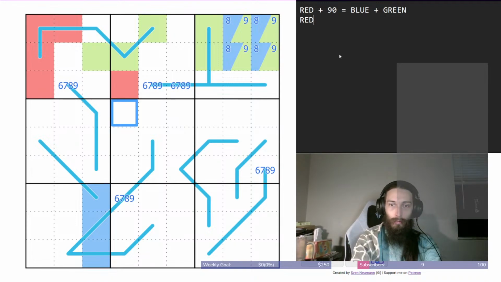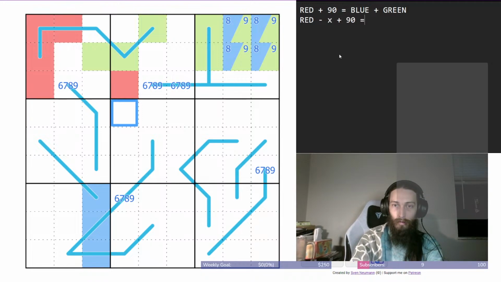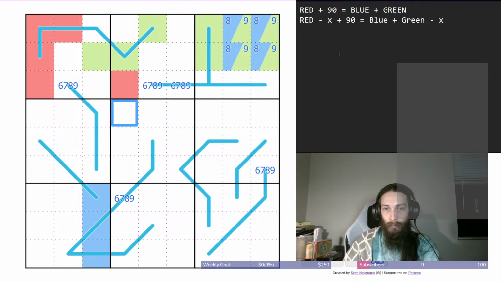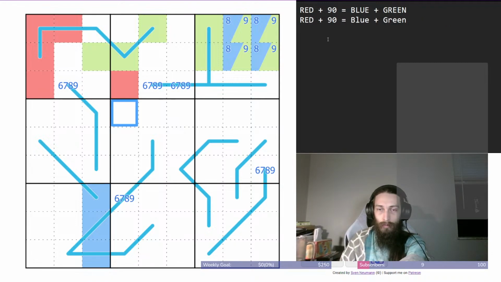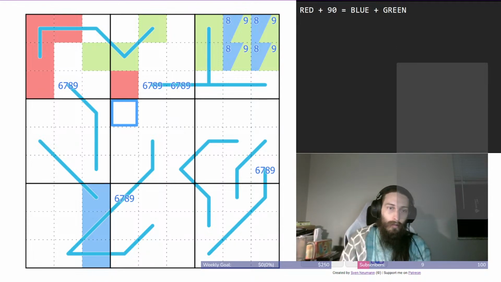So it would be red minus x plus 90 is equal to blue plus green minus x. But that x is the same, so it cancels out. So in this instance, red plus 90 is still equal to blue plus green.